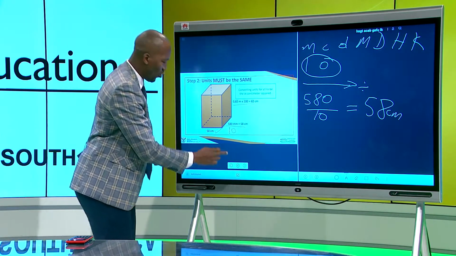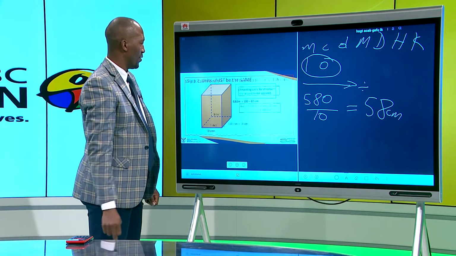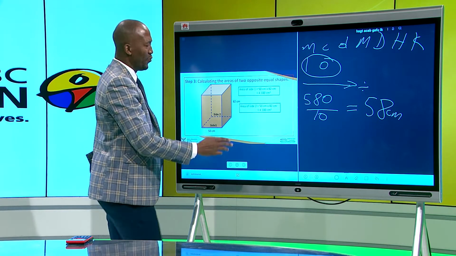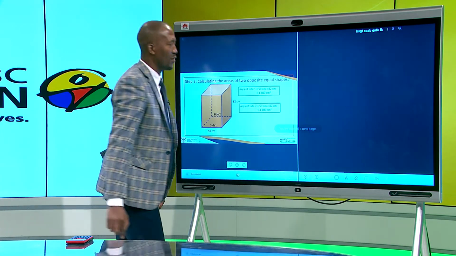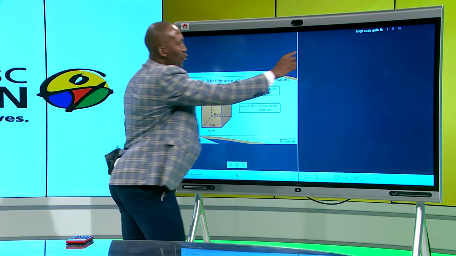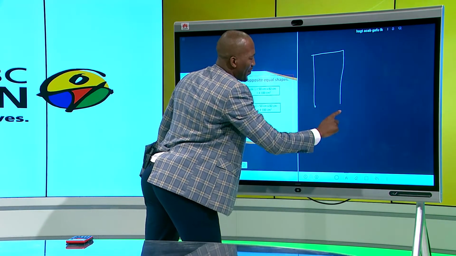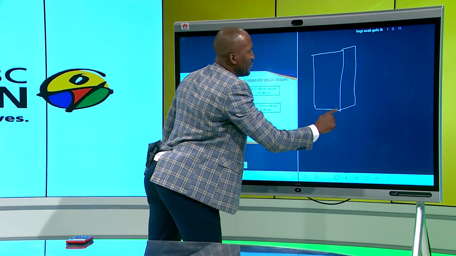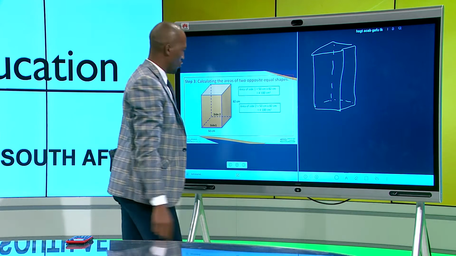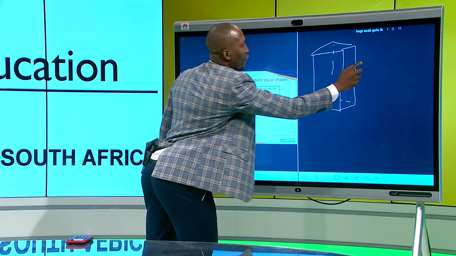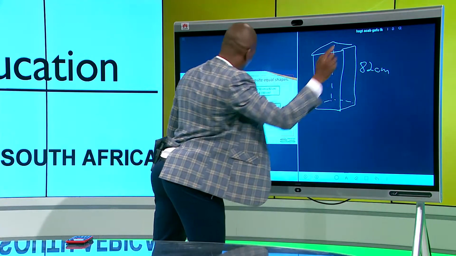Now we have converted all the units. Once we have converted all the units, we are having again our rectangular prism, whereby all the units are converted. So the first one is this one of 82 centimeters.